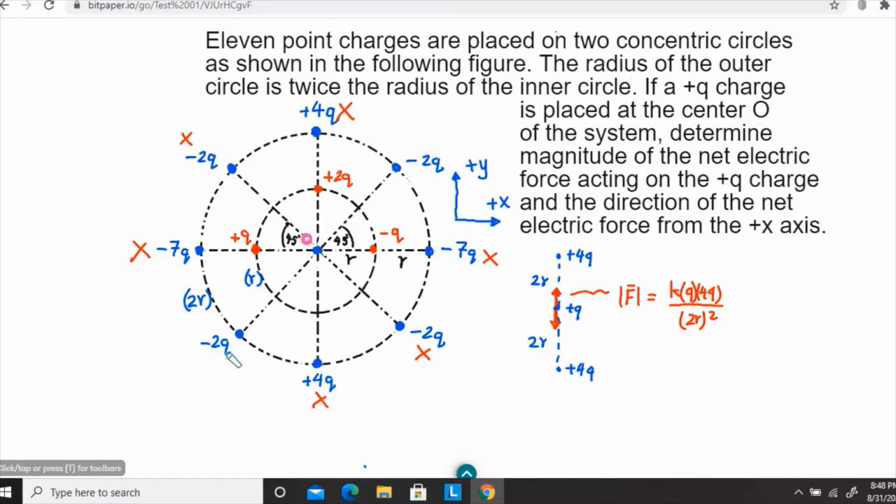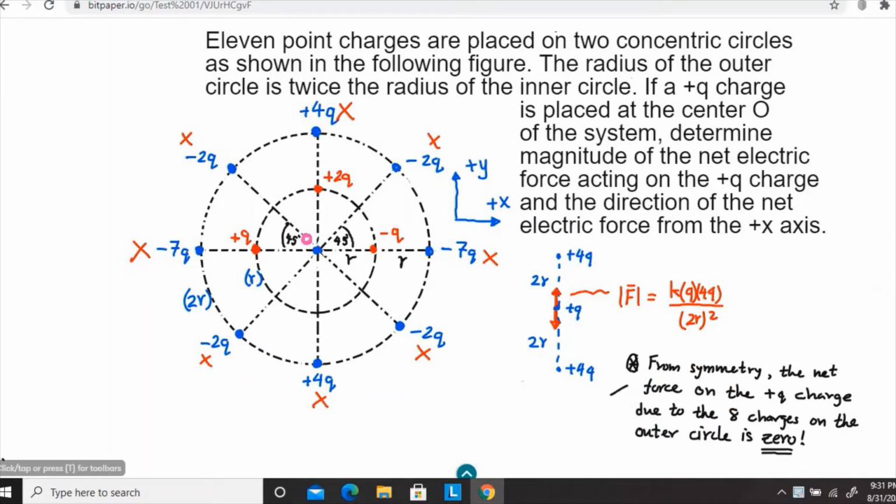Similarly, these two charges, minus 2q and minus 2q, will have electrostatic forces at the central particle, but they are going to cancel out. So simply, from symmetry, the net electrostatic force due to the 8 charges in the outer circle is 0. To summarize this important point, from symmetry, the net force on the positive Q charge at the center O due to the 8 charges on the outer circle is 0.